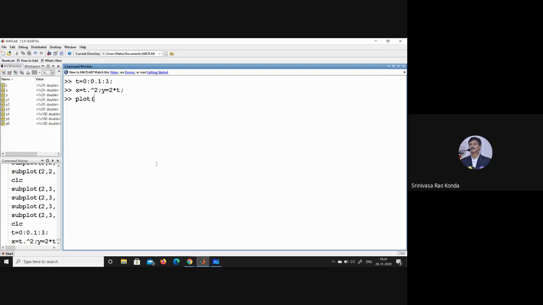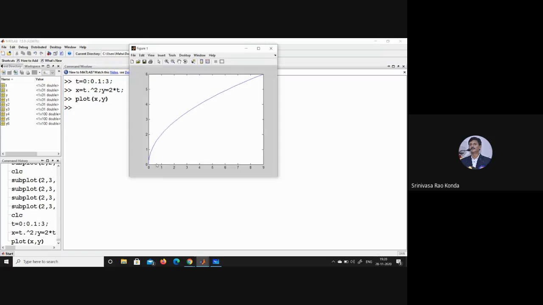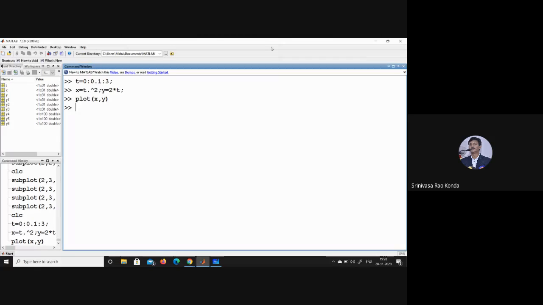Plot x comma y. Get the parametric equation plot. Okay. Parameter: suppose if you take this value minus 3 to plus 3, you get a complete shape.